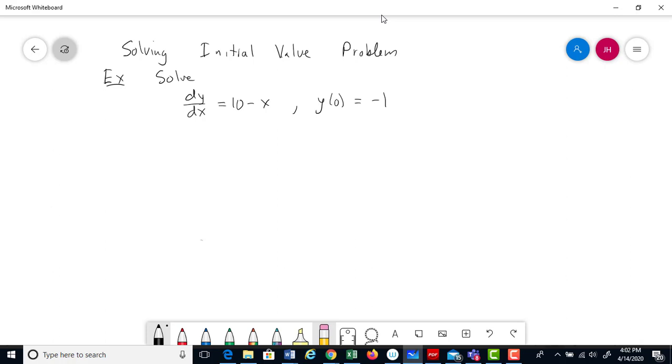Now, our notation is going to change. So our solution is, I know that I need to take the antiderivative of this, but the reason why is we are going to take this idea right here. This is the derivative of y. So I'm going to take the antiderivative of both sides.